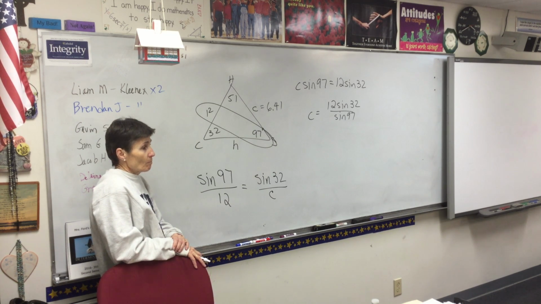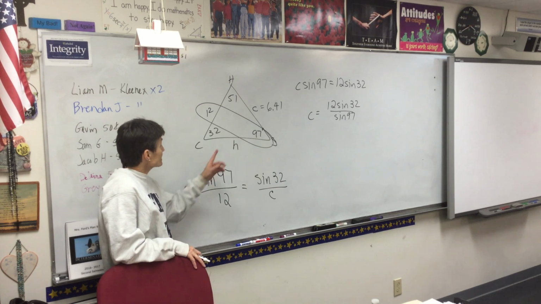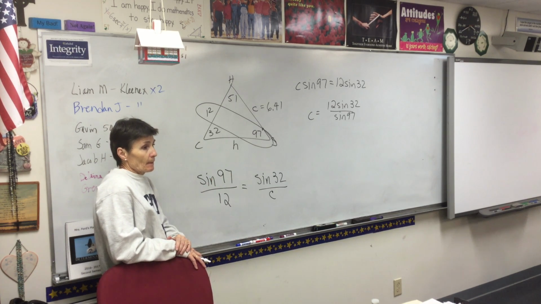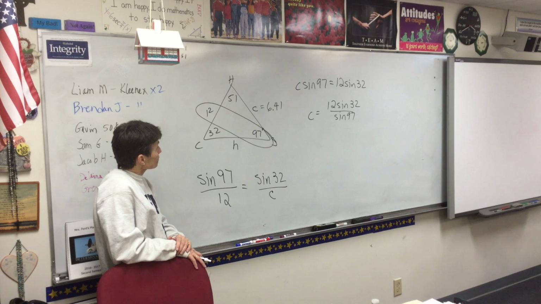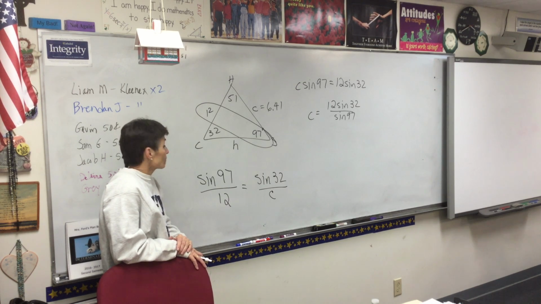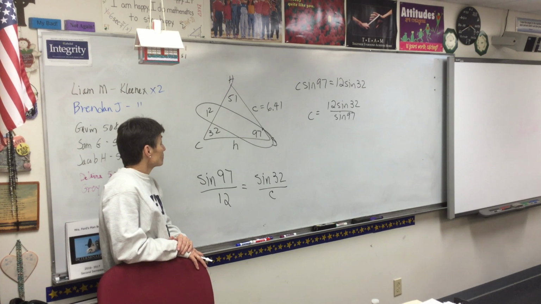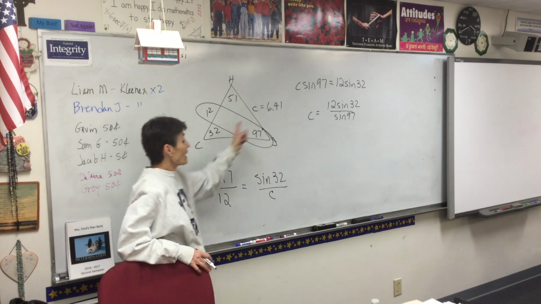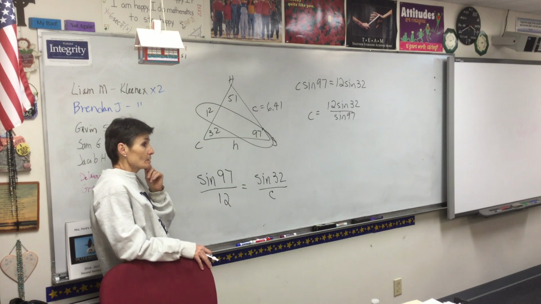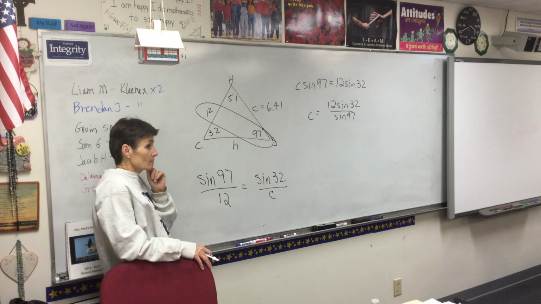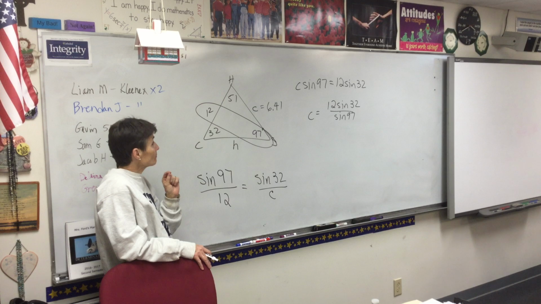Now what? We're not done. We still have side H to find. Maddie, what do you think for side H? What might we do? Well, I already did that one. So I'll do sine 97 over 12 equals what?